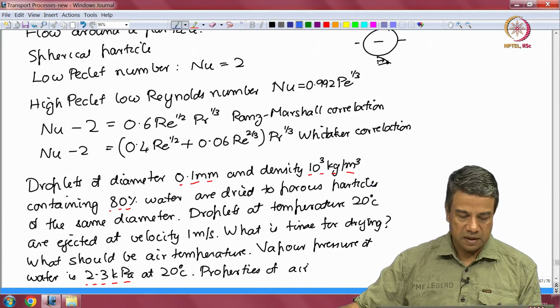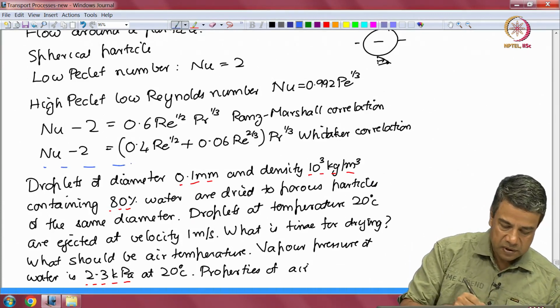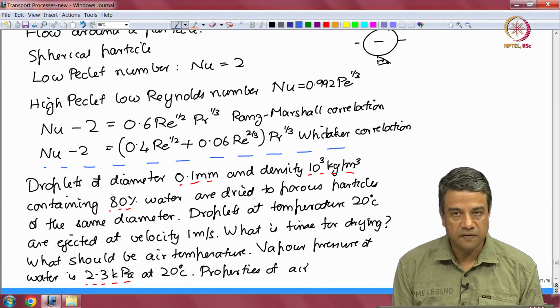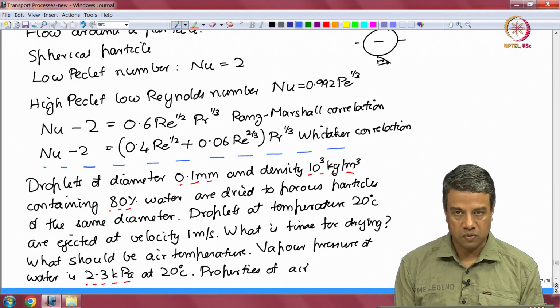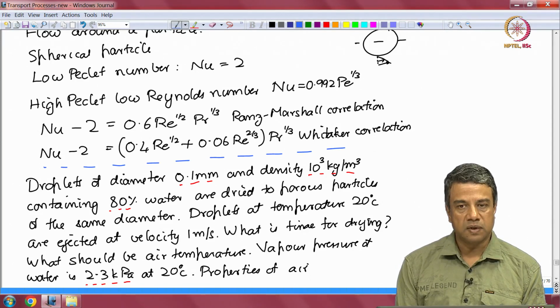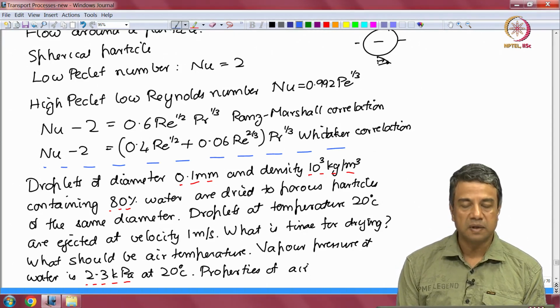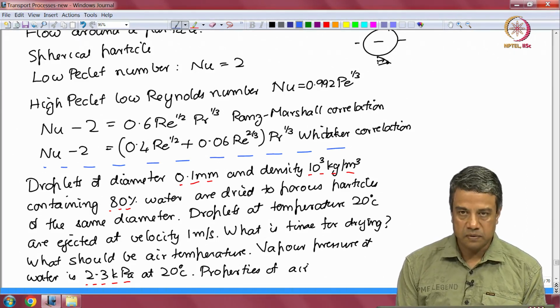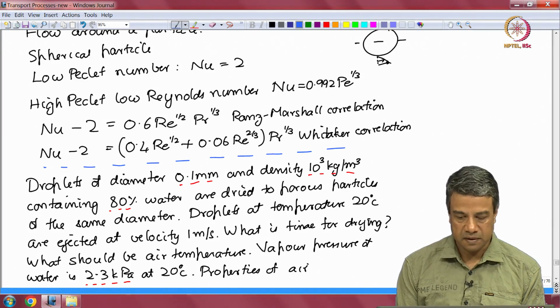And we had also looked at correlations for flow around a particle. These are usually written in terms of the difference between the Nusselt number and 2. For a spherical particle, the Nusselt number is 2 for low Reynolds number flows, for low Peclet number where diffusion is dominant. So, usually correlations are written for the difference between the Nusselt number and its value at 0 Peclet number, okay, in the absence of convection.